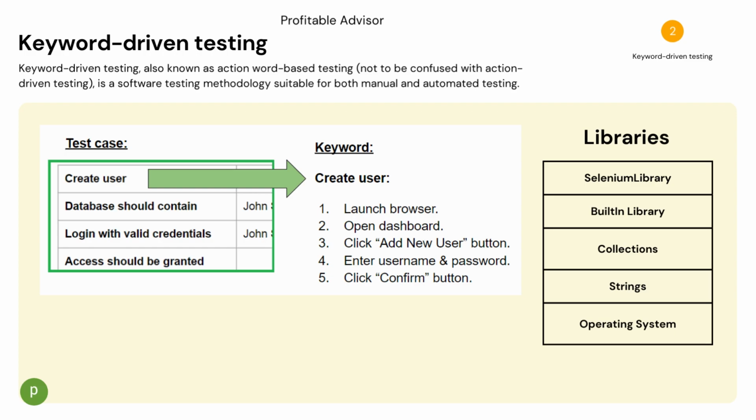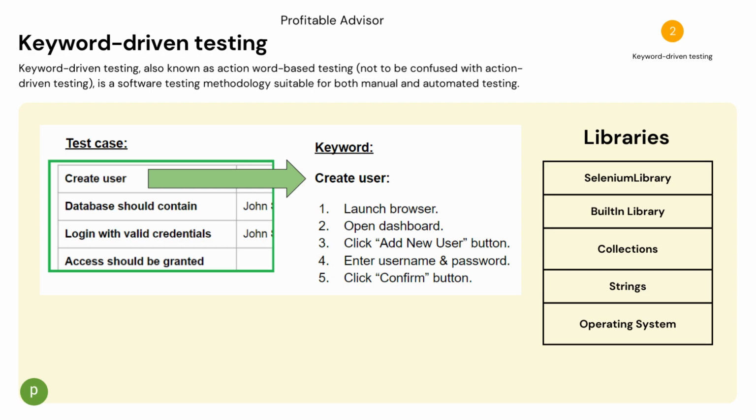And if you see the steps inside this create user: launch the browser and open the dashboard, click on the end user button, enter username and password, thereafter click on confirm button. See? So by seeing this word, we can easily say that this is the action keyword and we are doing the action here, that is to create the user.